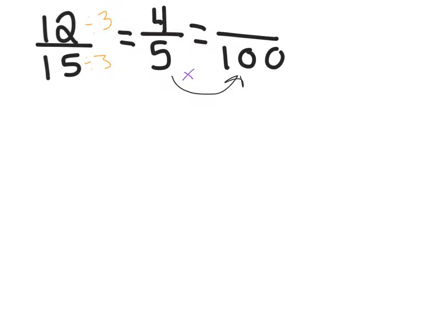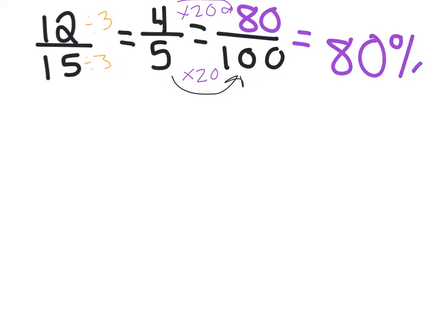We multiplied by 20. So we do the same thing to the numerator. 4 times 20 would give me a numerator of 80. And 80 out of 100 is equal to 80%. So 12 out of 15 is 80%.